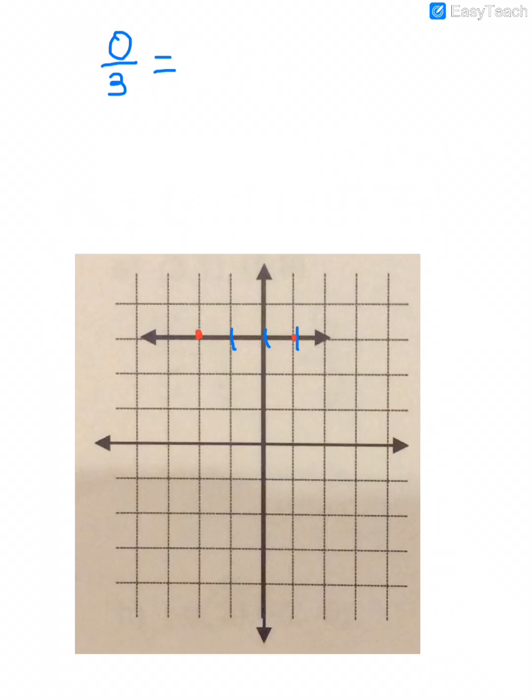So my slope is going to be 0 because the 0 is on top. But if you'll remember my trick for horizontal lines, HOY says that if it's a horizontal line, the slope is 0. So all horizontal lines are going to have a slope of 0.